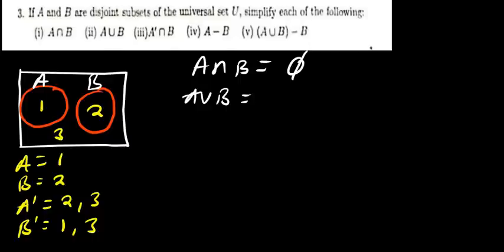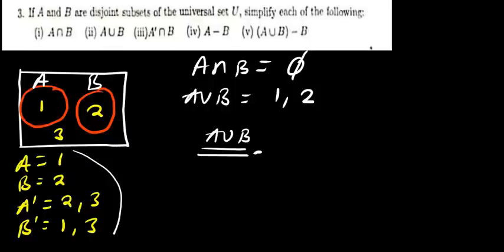It is just 1 and 2. If I look at 1 and 2, you realize 1 and 2 is not a set on its own if I check here. So it just ends here to say the answer for A union B is just A union B. It can't be simplified more than that.